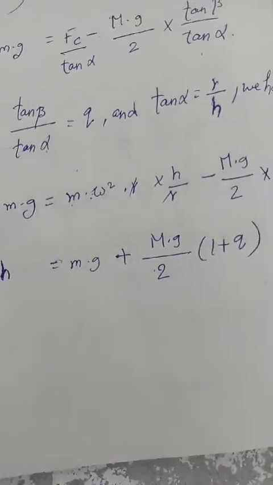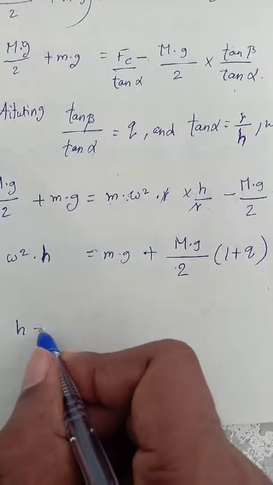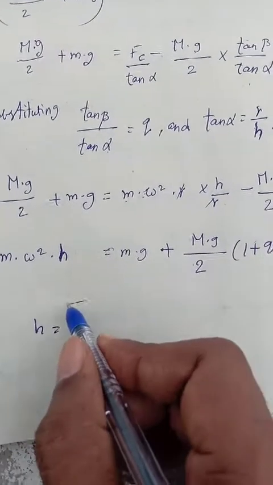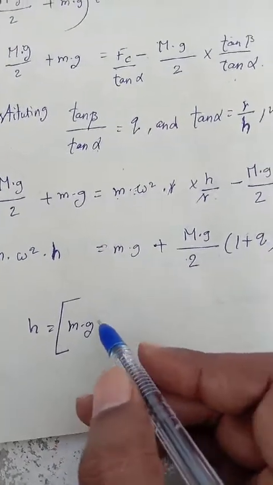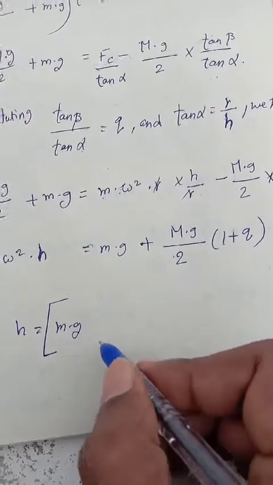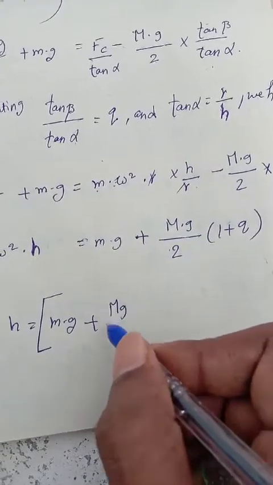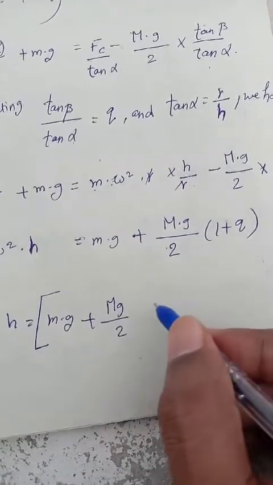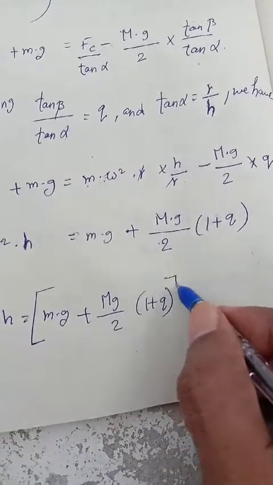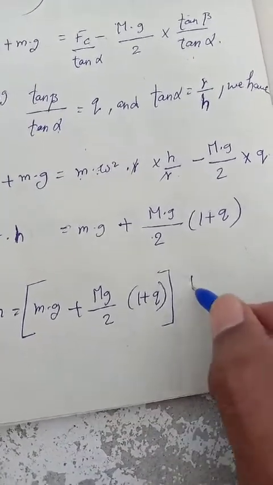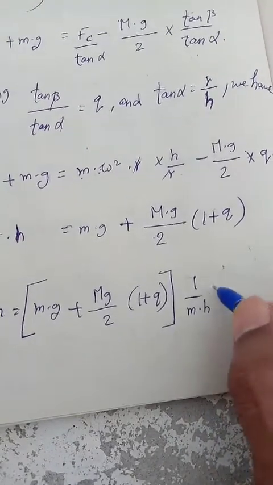And then now here we need h. So h is equal to m into g plus capital Mg by 2 1 plus q. Now here 1 by m into h.